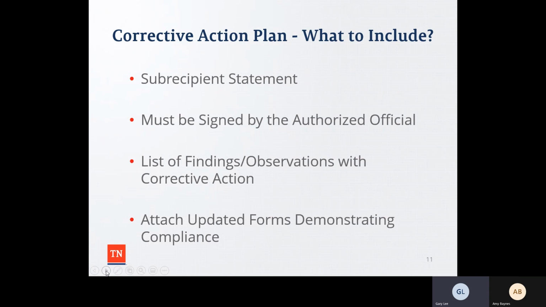The CAP should include a detailed statement of how the agency will address each individual finding or observation to prevent future non-compliance. The authorized official or his or her designee should attach any documents, forms, policy changes, reports, timesheets, data collection forms, etc., that ensure the subrecipient has corrected the findings.